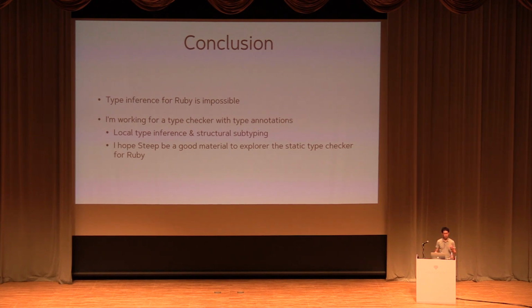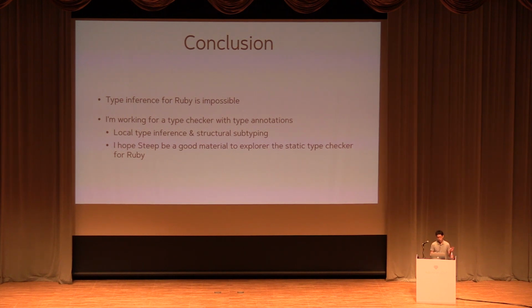So, having some features in Ruby core. Or maybe is it enough with pure Ruby? Maybe it depends on the performance of type checking. It may be an issue.